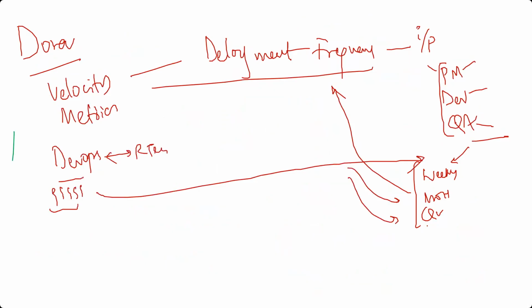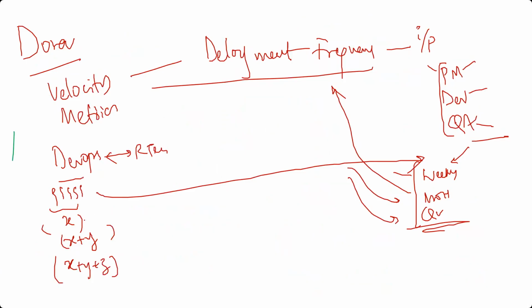If you are doing quarterly deployment, they will hire X number of people. If you do monthly deployment, they might do X plus Y people. If weekly deployment, X plus Y plus Z people.